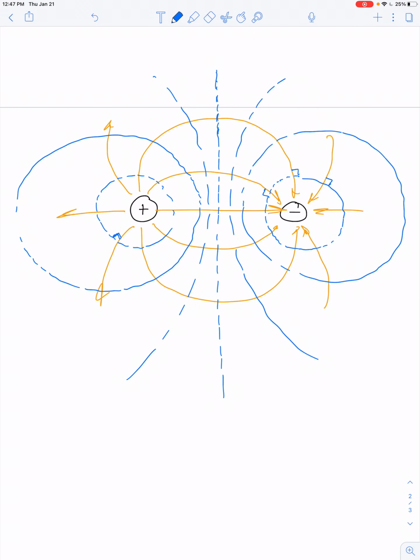In a way, these are like the contour lines you see on a topographic map. If you've ever done any backcountry hiking or camping, not only do you need to know your north, south, east, and west, but you also need to know elevations. So you may have seen a topographic map that shows contour lines of elevation. Here we have contour lines of electric potential.